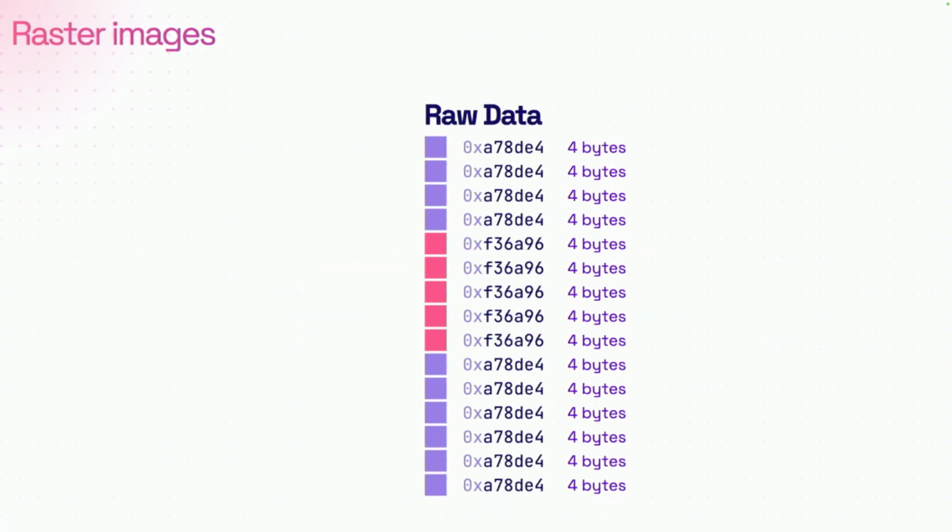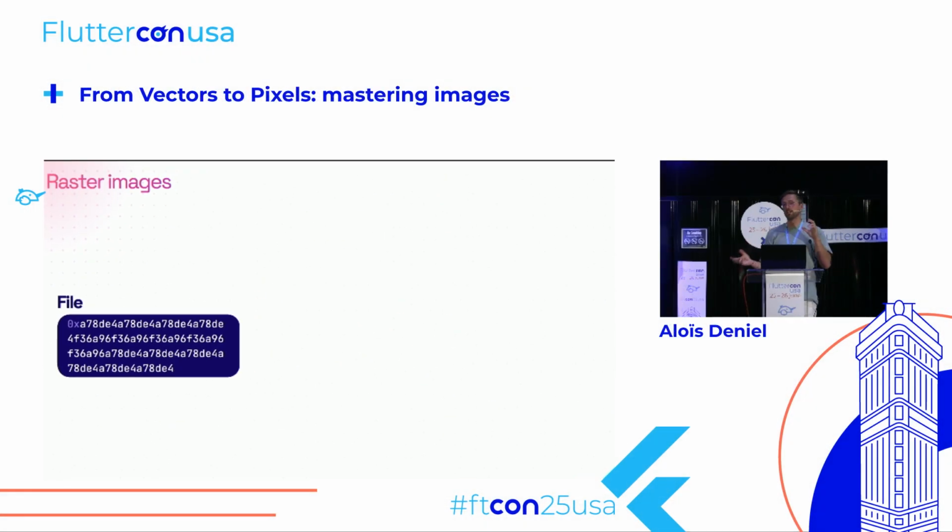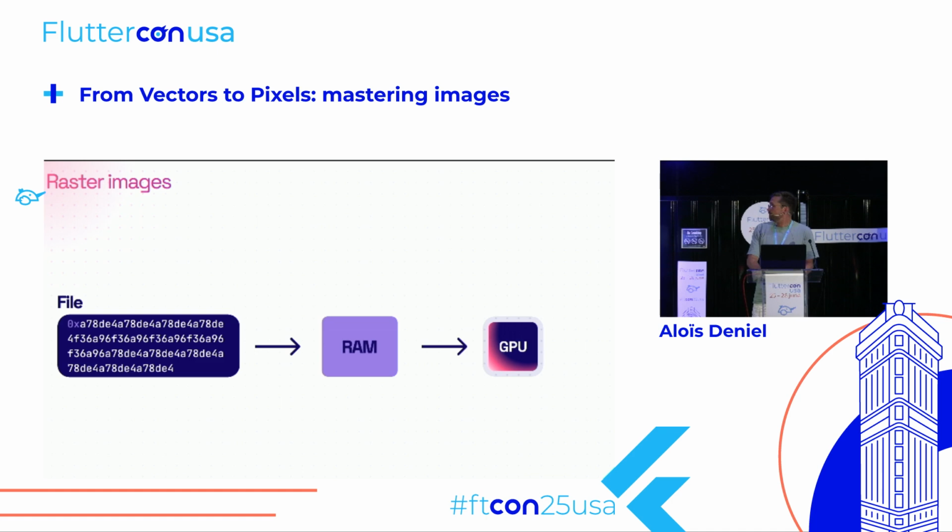So a raster image is just a texture that is stored in a file, basically. It's the same thing, but stored in a file ready to be loaded and uploaded to the GPU in order to be painted on the application canvas. Most of the time, it's first loaded into the random access memory and then uploaded to the GPU.